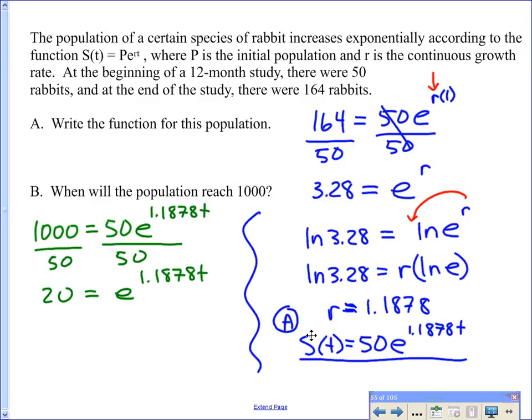Again, we're trying to solve for that t, and right now it's an exponent, so we need to bring it down. So I'm going to take the natural log of both sides.